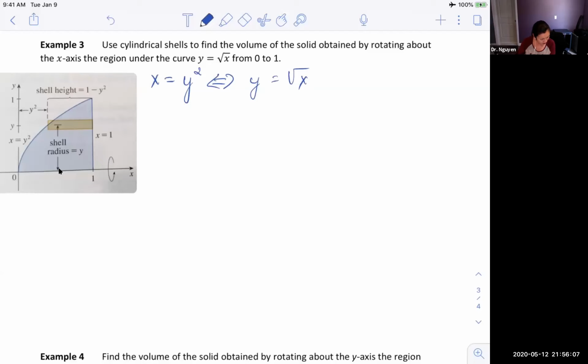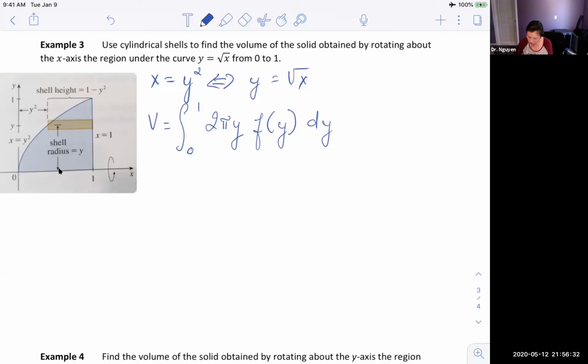Notice that this time we're dealing with y, but it's still from 0 to 1. It's going to be the integral of 2 pi y f of y dy.